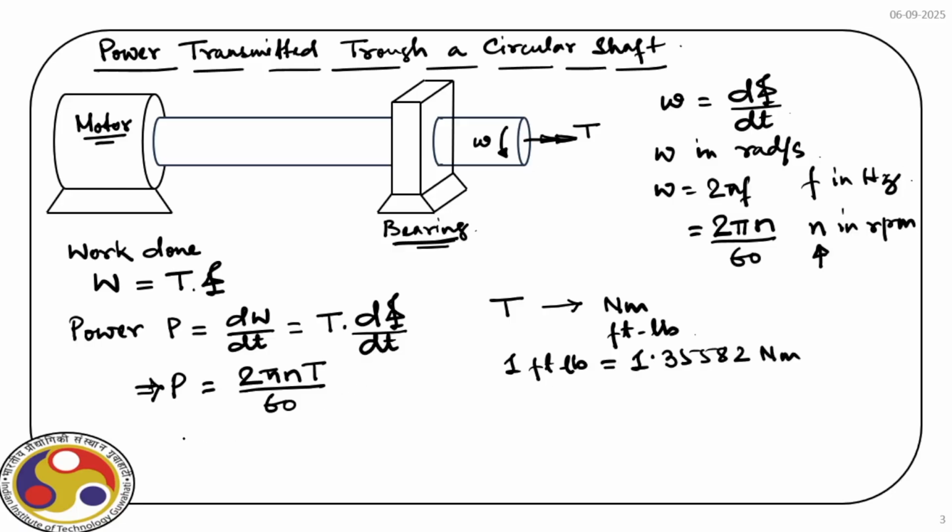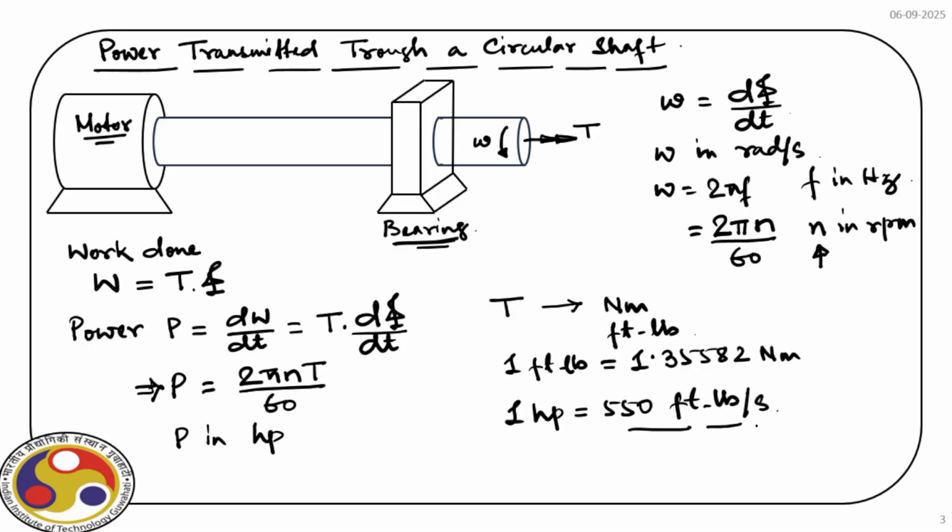And power is often represented in HP, horsepower, and 1 horsepower is equal to 550 foot pound per second.